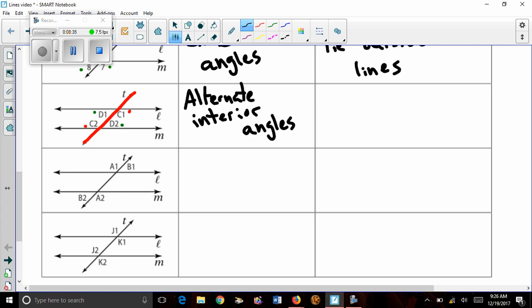So they are interior angles on opposite sides of the transversal.